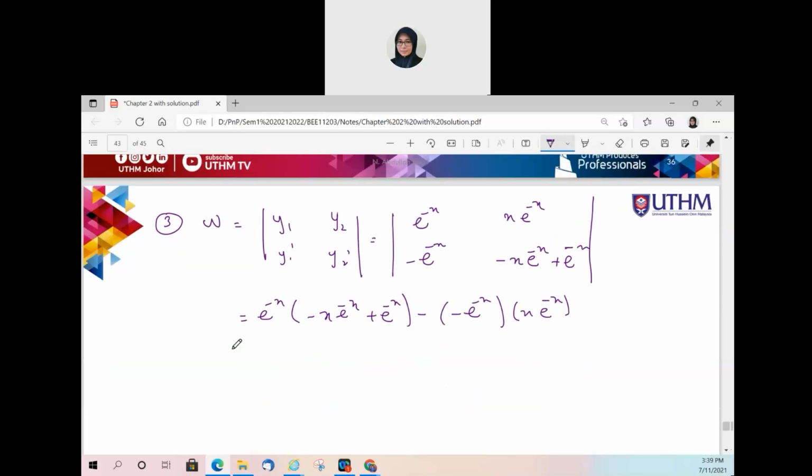So equals to minus x exponent minus 2x plus exponent minus 2x plus x exponent minus 2x, equals to minus x exponent minus 2x plus x exponent minus 2x, cancel. Then W equals to exponent minus 2x.